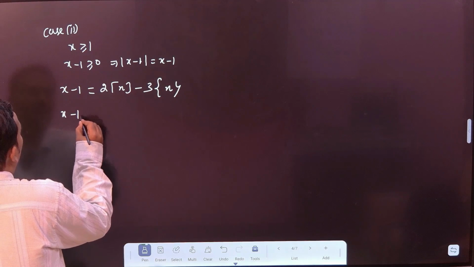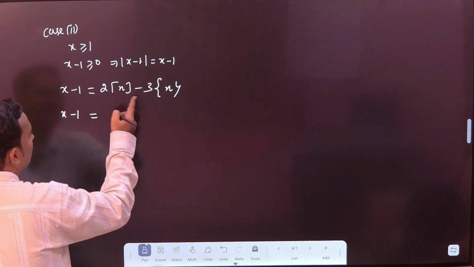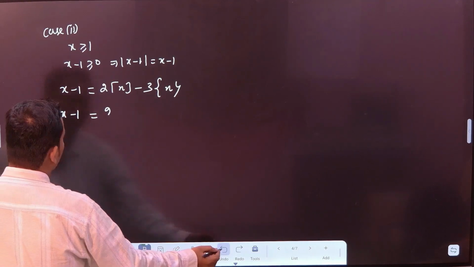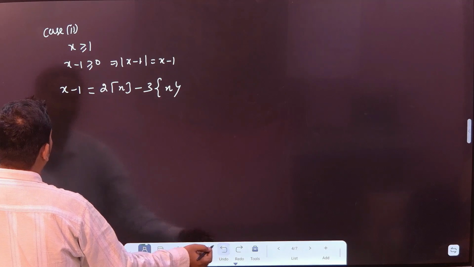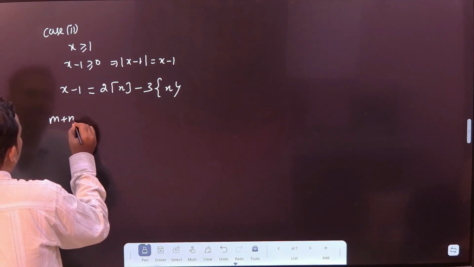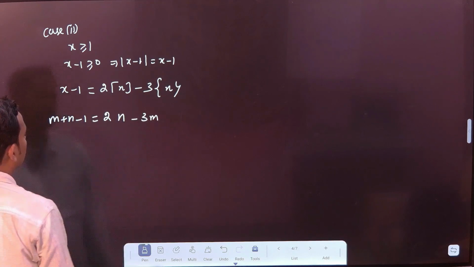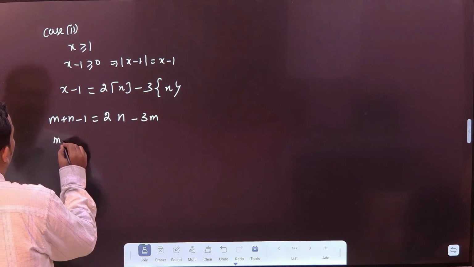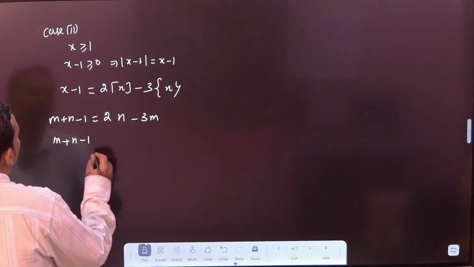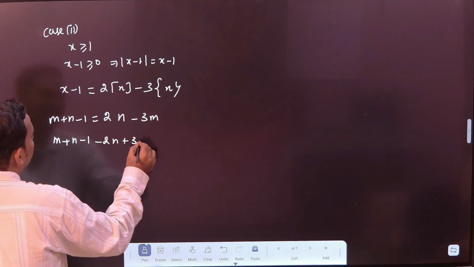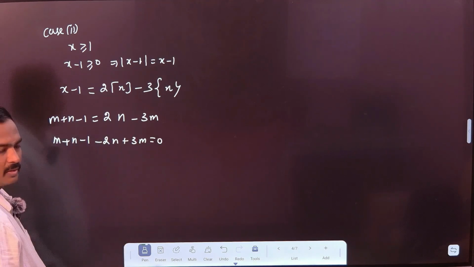Okay, x minus 1 is equal to, the same way, x you can replace with m plus n: m plus n minus 1 is equal to 2n minus 3m. Sending everything to one side: m plus n minus 1 minus 2n plus 3m is equal to 0. Clear? Okay.